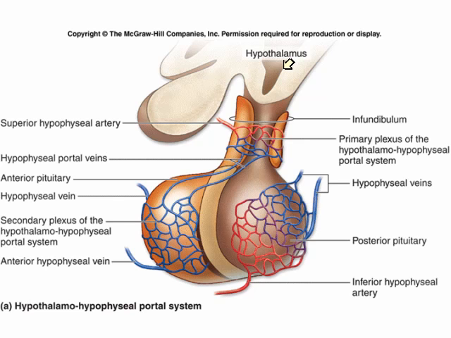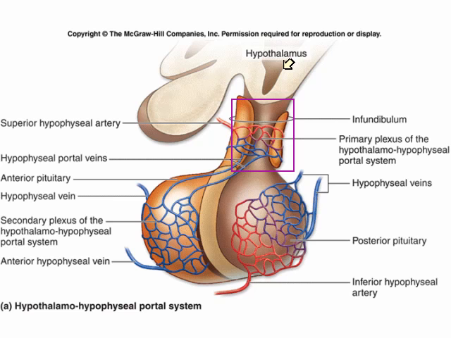And then we've got this elongated area located right in this area, which is, of course, the infundibulum. The hypothalamus will release hormones into the hypothalamic-hypophyseal portal system through the primary plexus.